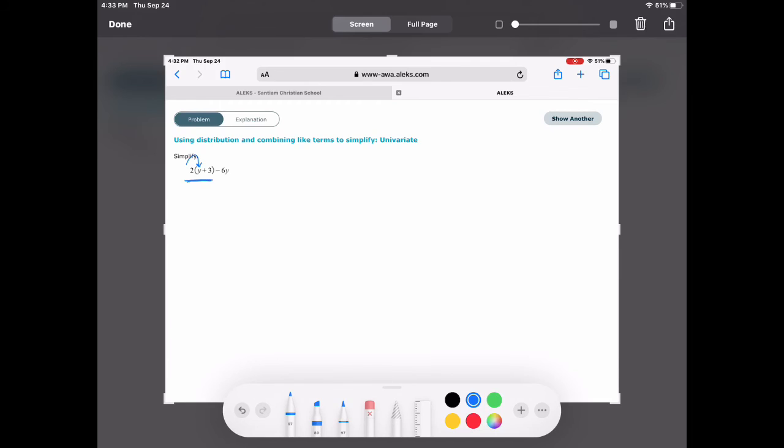So we're going to do the 2 times the y and the 2 times the 3. 2y plus, I'll just write it like this, 2 times 3 minus 6y. So order of operations, got to get that done. And now I can do like terms. 6y and 2y are like terms because I'm saying I have 6 y's here and 2 y's here.